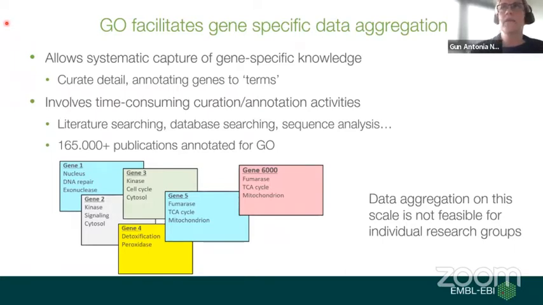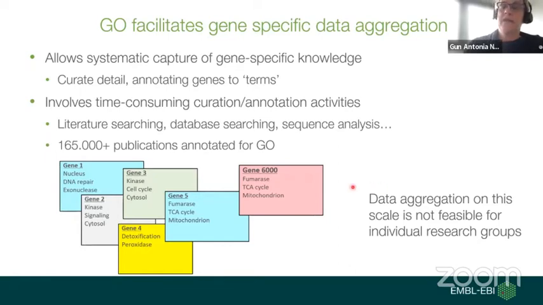And it takes a long time. You have to search for literature, look in databases, do sequence analysis. But so far, across all these different annotation groups that are part of the Go consortium, we have curated about 165,000 publications annotated for Go.